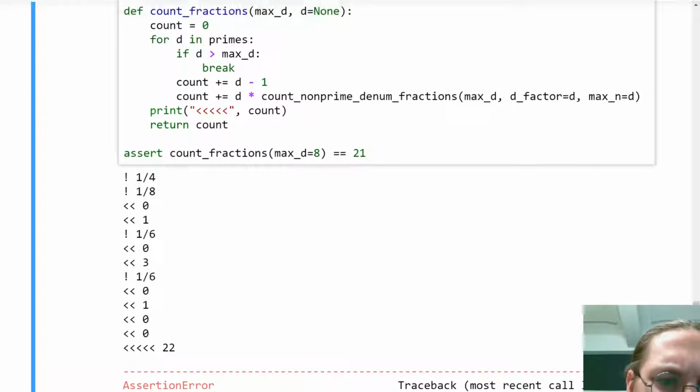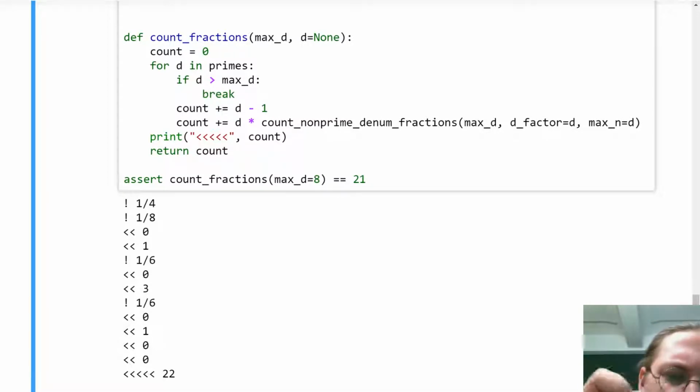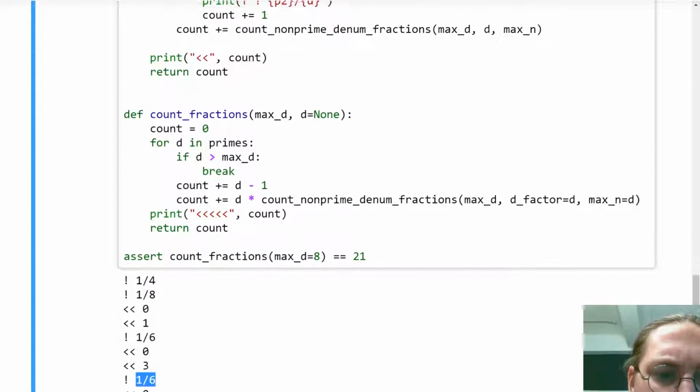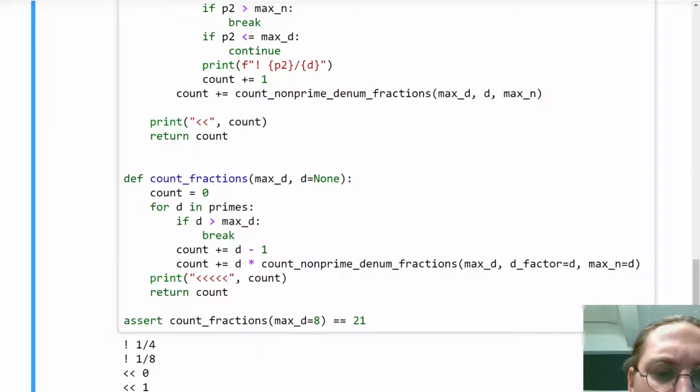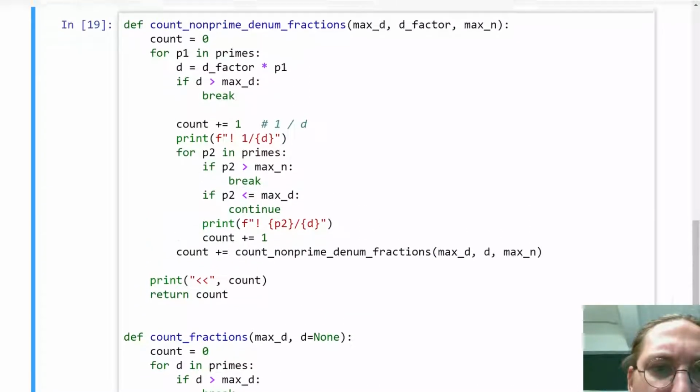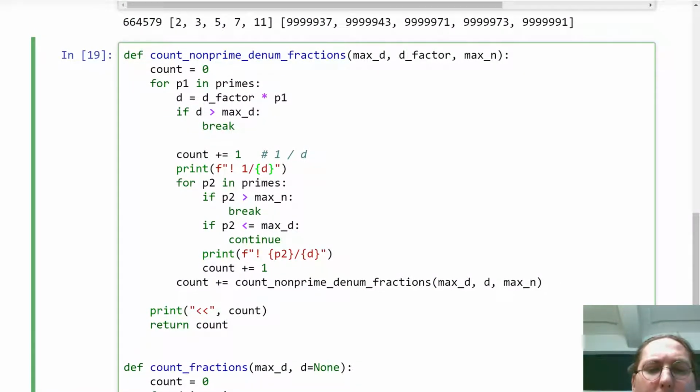I'm counting something twice, and I'm not counting 3/8. So those are the 2 issues. So I'm counting 1/6, probably. Well, I can look at the factors, I guess. So I'm counting 1/6 using the factor 1/6 and P1.